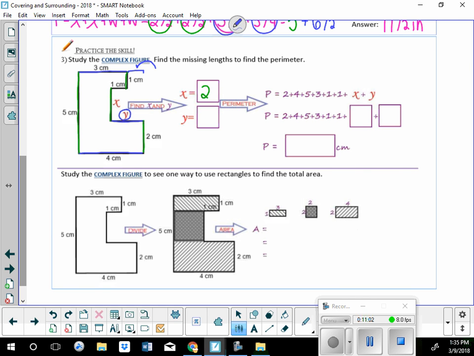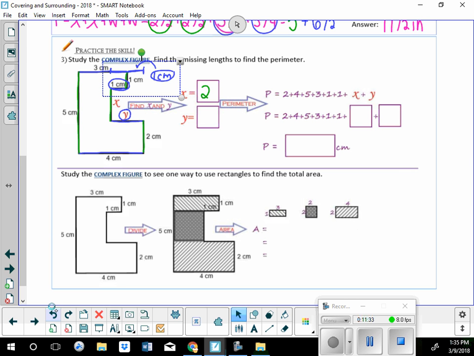Okay. And then this little piece down here is also 1. So if I add together this 1 centimeter here plus this centimeter here, they're the same as this distance here, right?